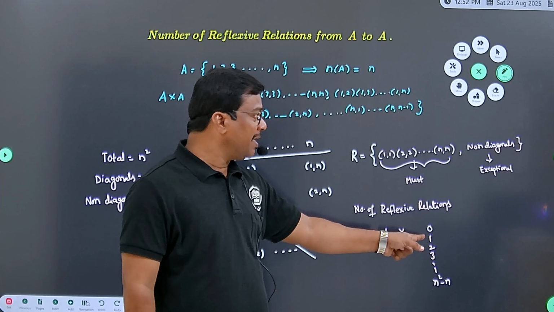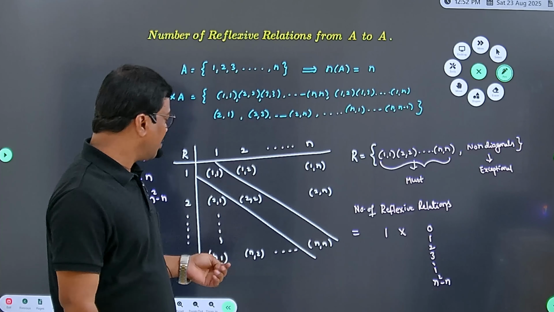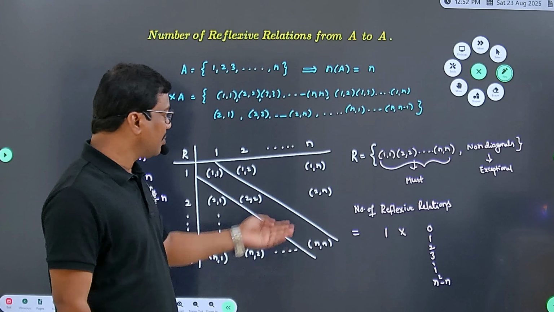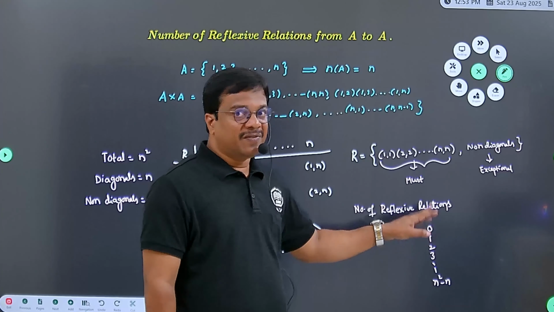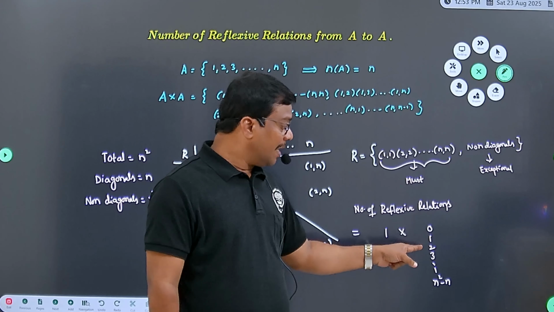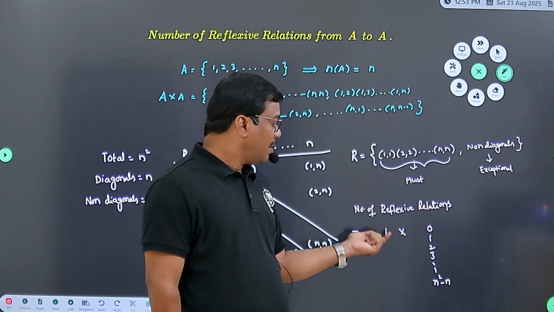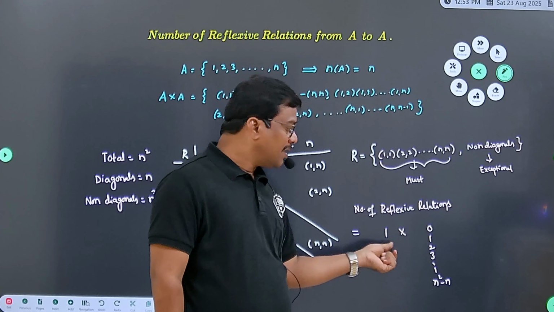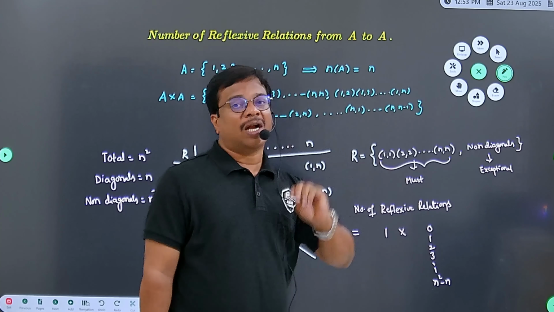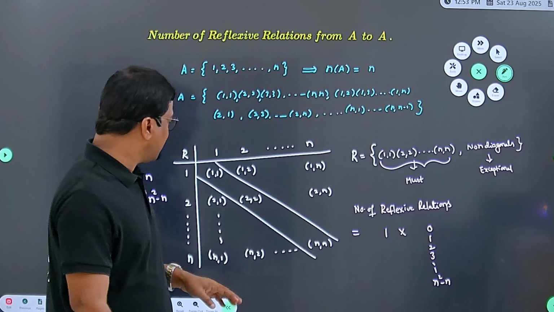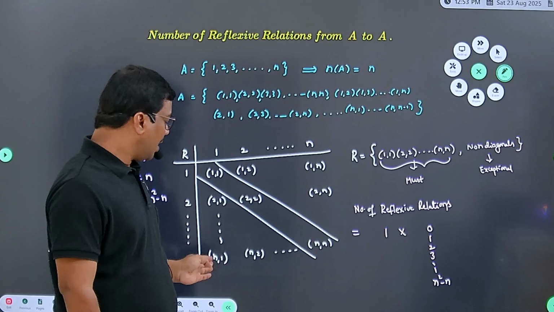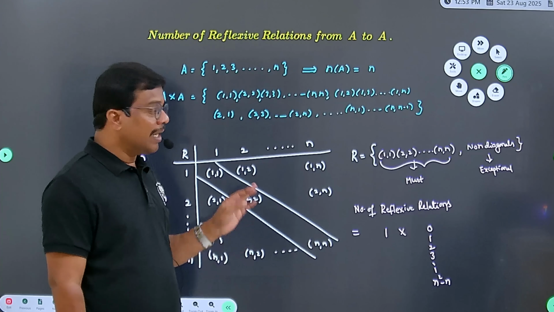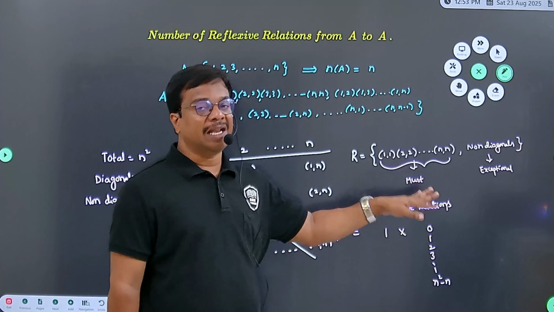One non-diagonal means you may write (1,2), (2,1), (n,2), (1,n), whatever. So such types of chances are there. Next, diagonals must, and with two non-diagonals also you can frame relations. For two non-diagonals, maybe you can select (1,2), (2,1), or (n,1), (n,2). Like that there exist many relations.